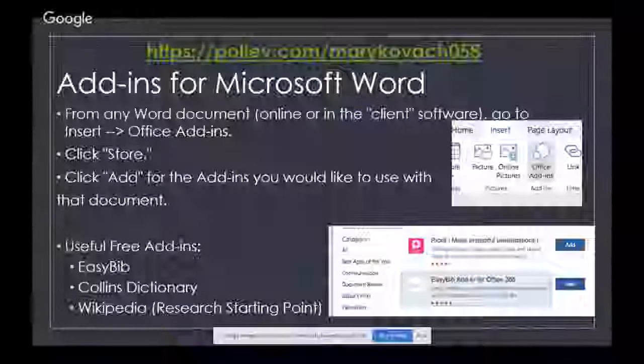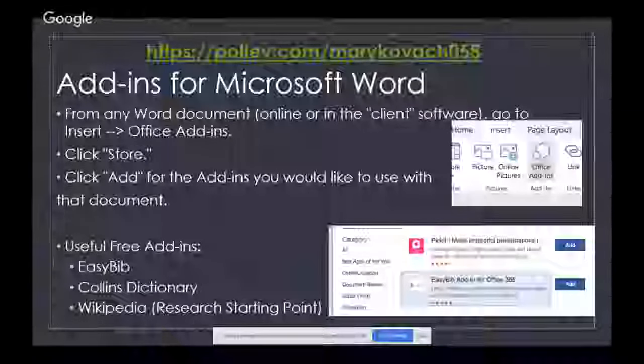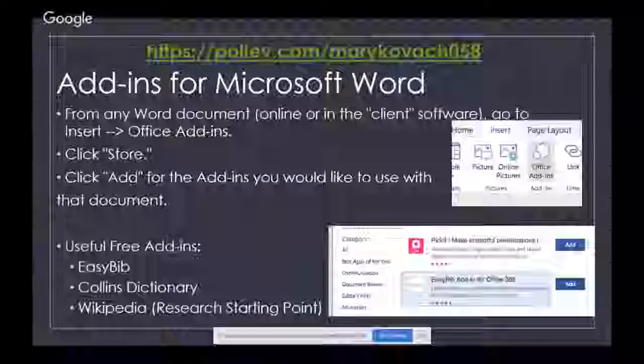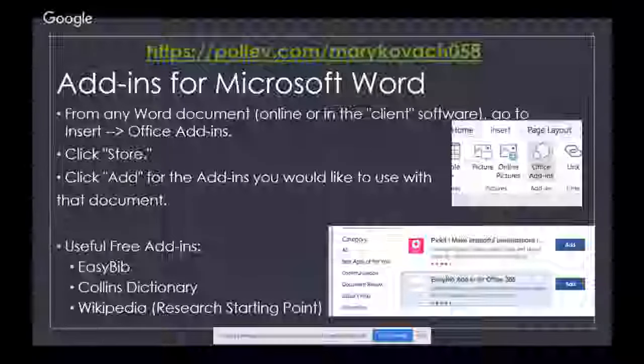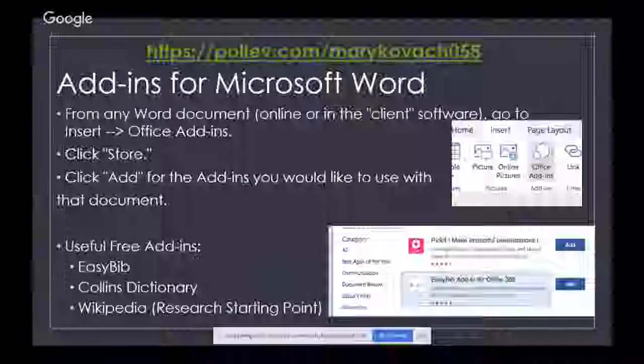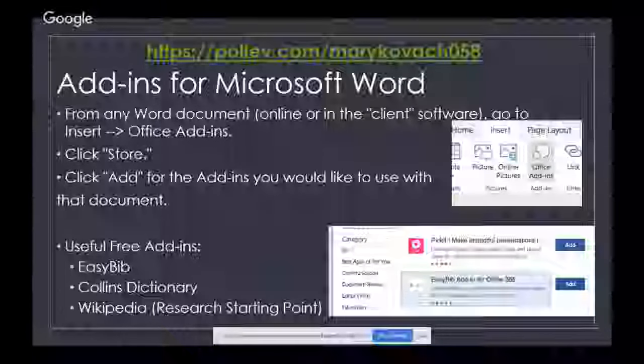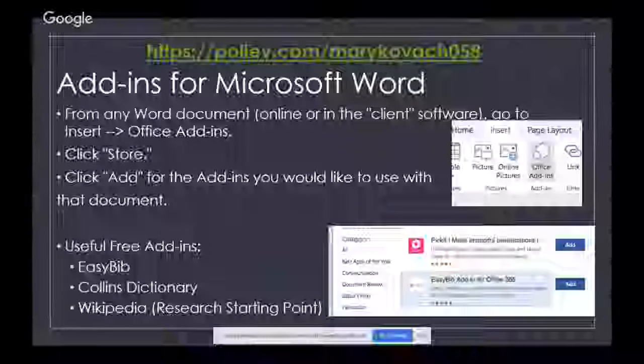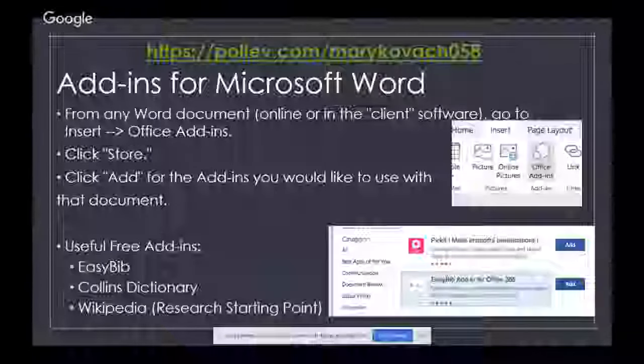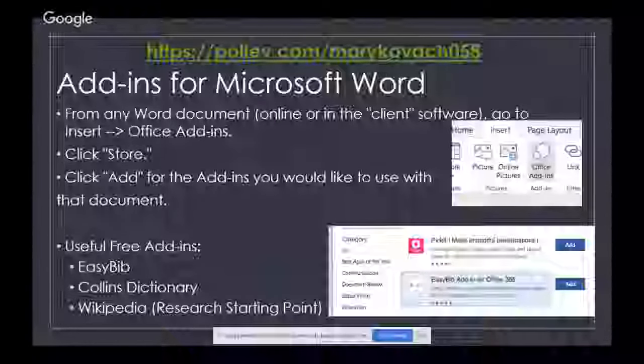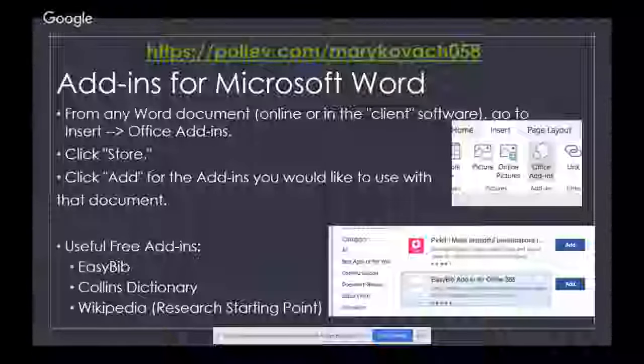Okay, so some of the tools we'll talk about. First, we'll talk about what are called add-ins for Microsoft Word. They also have some of these for PowerPoint or Microsoft Excel as well, that you can use either with the online software, which is through your Office 365 account, or if you choose to open your documents through what's called the client software.